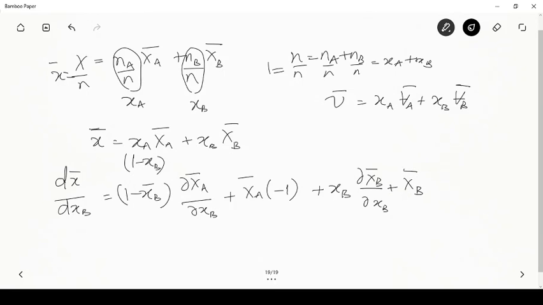So this is the expression that we will get, and now you can make use of the Gibbs-Duhem equation that we just derived a few minutes ago.